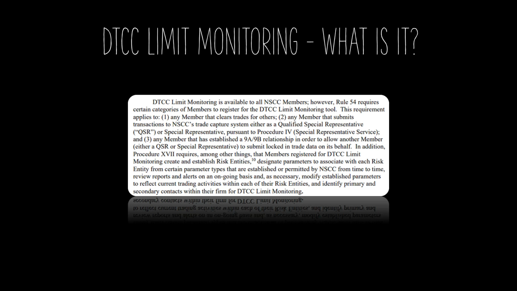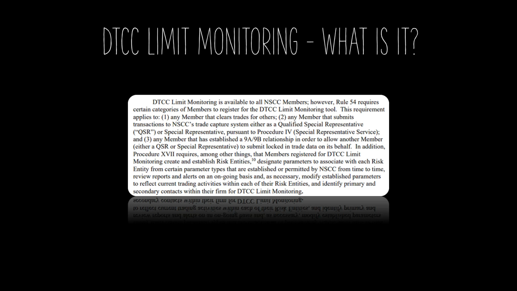In addition, Procedure XVII requires, among other things, that members registered for DTCC limit monitoring create and establish risk entities, designate parameters to associate with each risk entity from certain parameter types that are established or permitted by NSCC from time to time, review reports and alerts on an ongoing basis, and, as necessary, modify established parameters to reflect current trading activities within each of their risk entities, and identify primary and secondary contacts within their firm for DTCC limit monitoring.